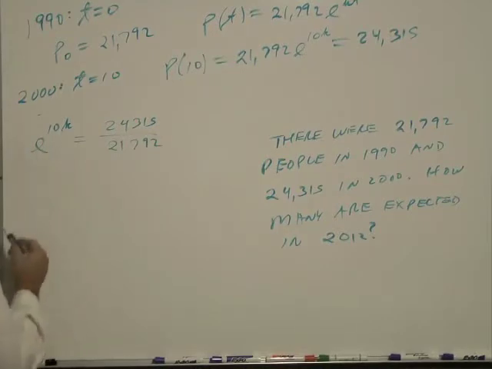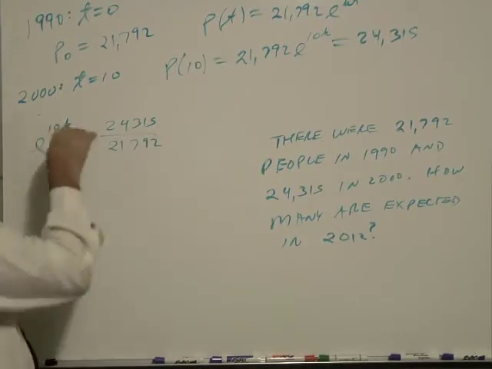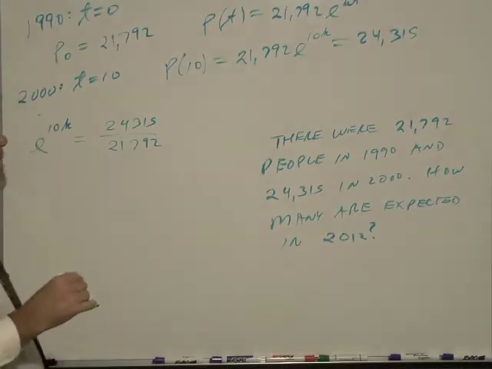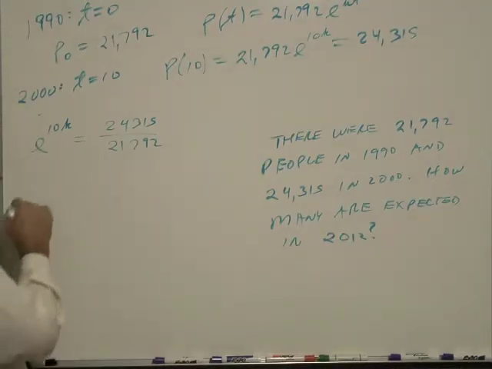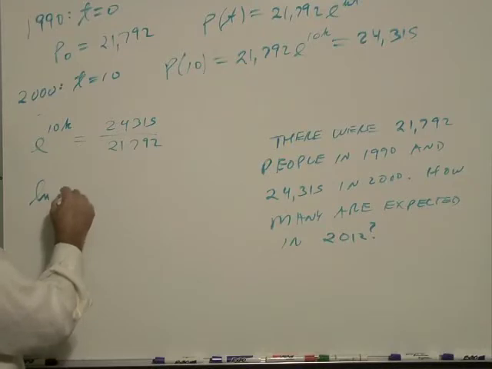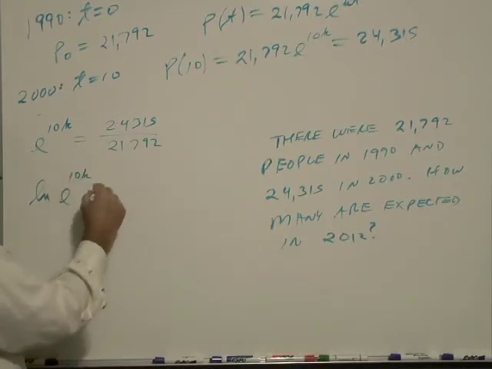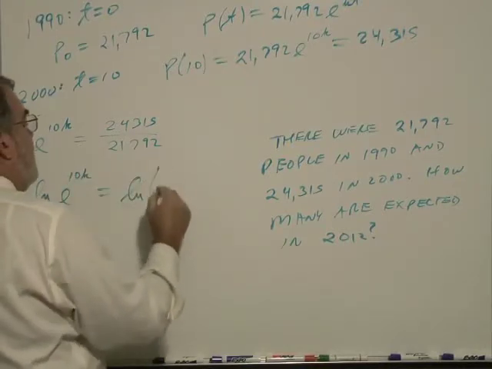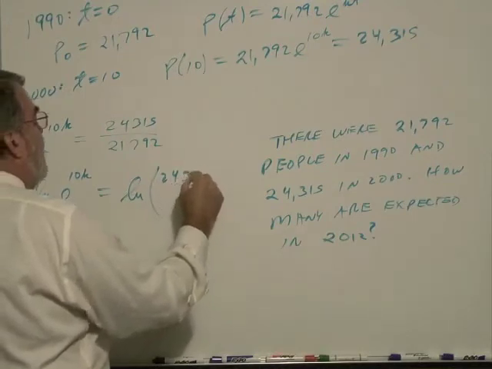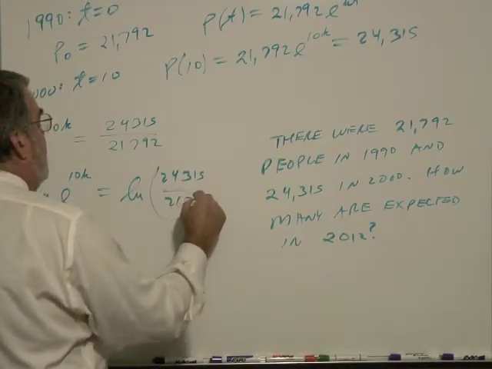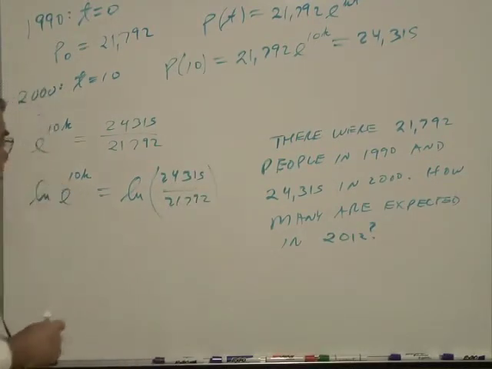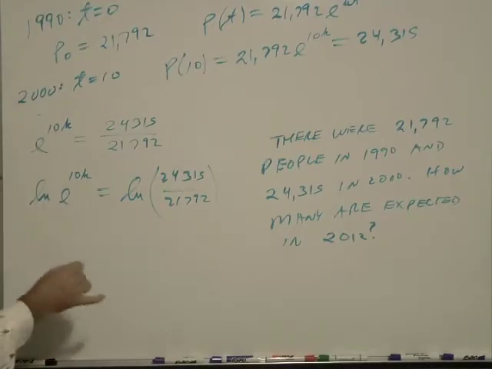And to get k out of here, I have to reverse the exponential function. I have to take its logarithm. So I'm going to take the natural log of e to the 10k equals the natural log, parentheses, 24,315 over 21,792. Natural log will cancel the e, leaving 10k.